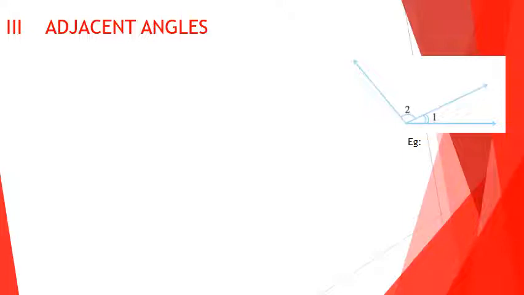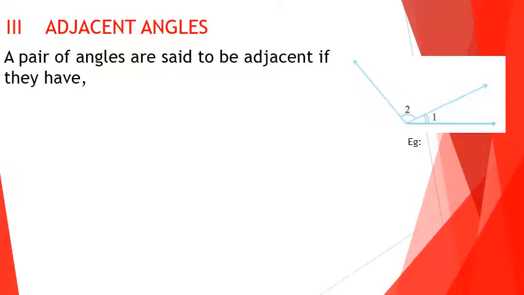As adjacent angles is a pair of angles, definitely it means that there will be two angles. So we can see the definition.